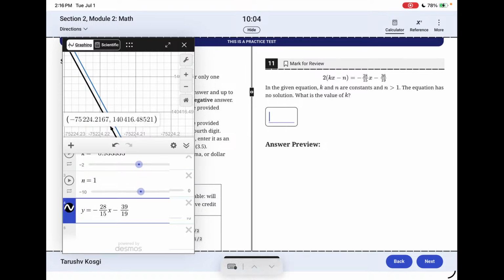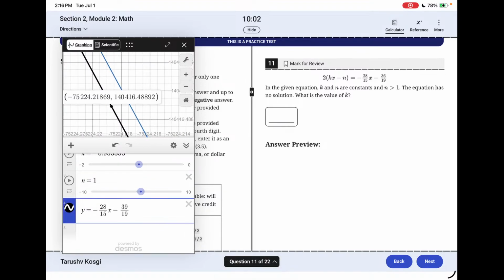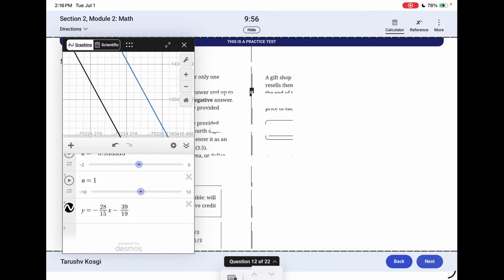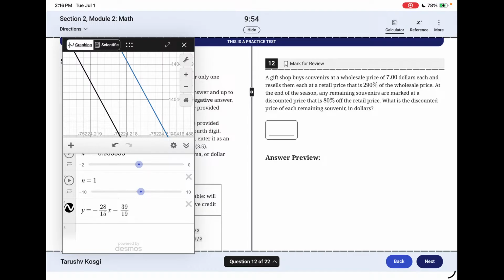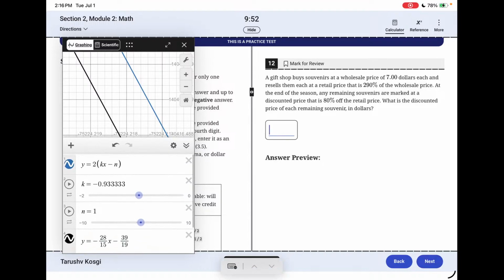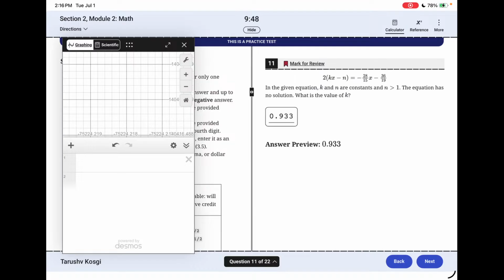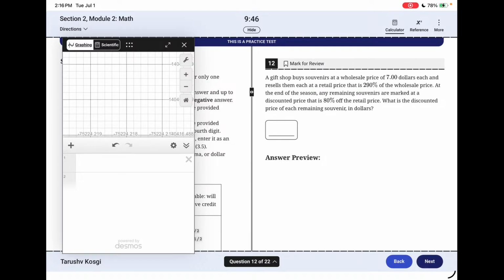Yeah, at this point it might just be better to just back it up. Yeah, I'll just go with that. Let's see it. Let me just mark it for review in case we got time at the end.